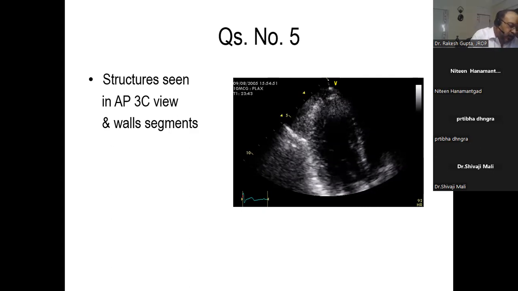Mitral valve. These are the chordae tendineae. What is this? Chordae tendineae are over here. What is this? These are the leaflets of the mitral valve. Which leaflet?